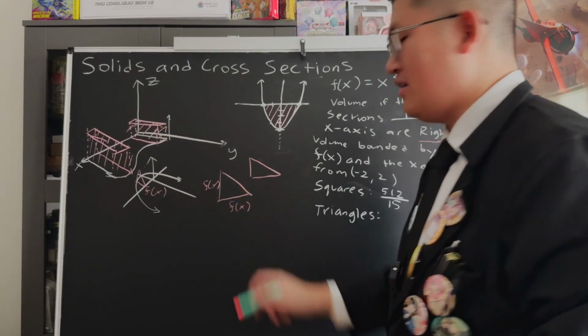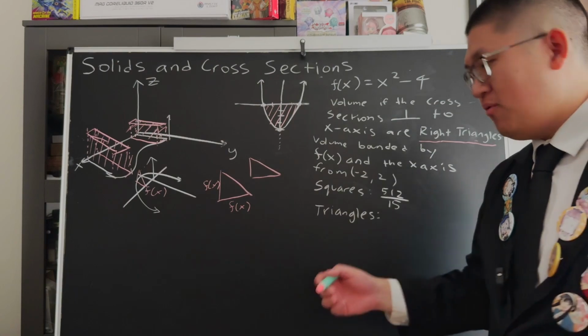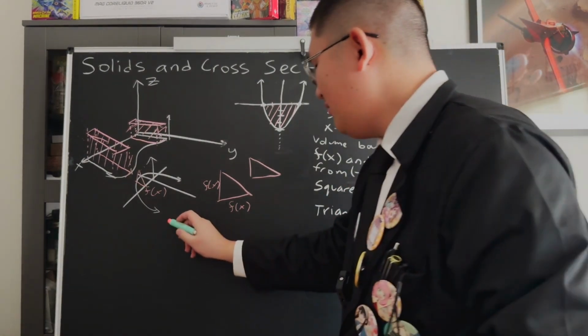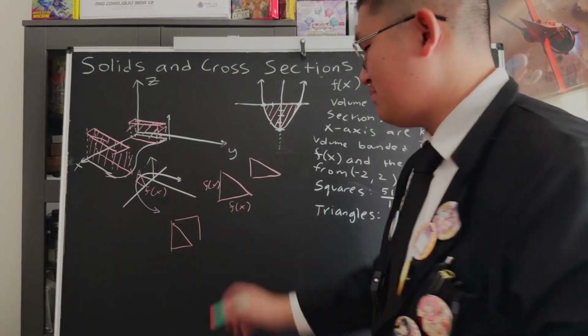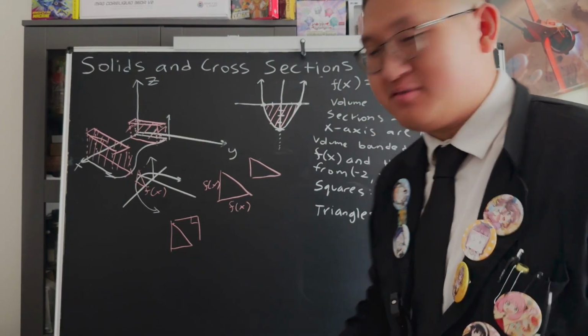f of x. Now, what would that mean for us? Think about this: if it were a right triangle, that makes life a little bit simpler, given that a right triangle is simply a square cut diagonally in half.